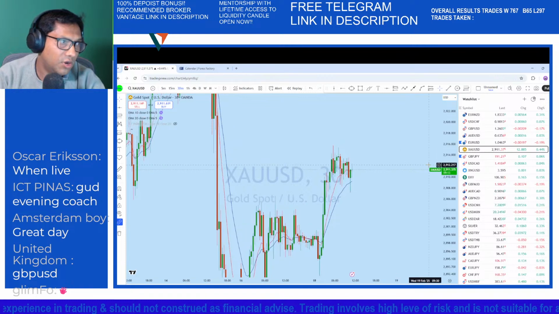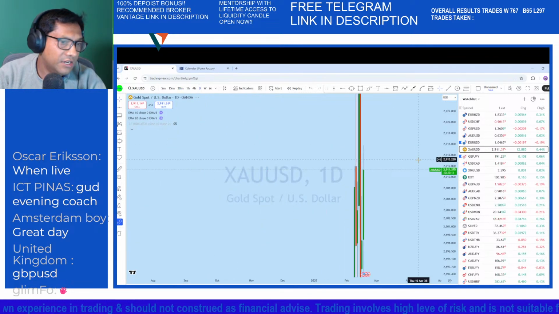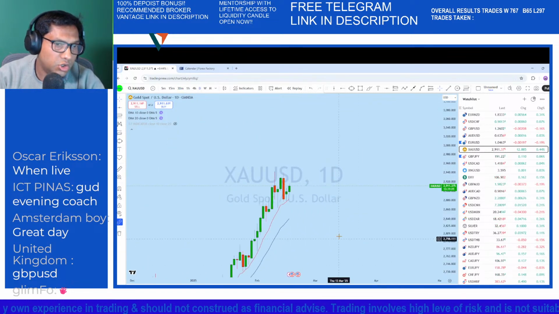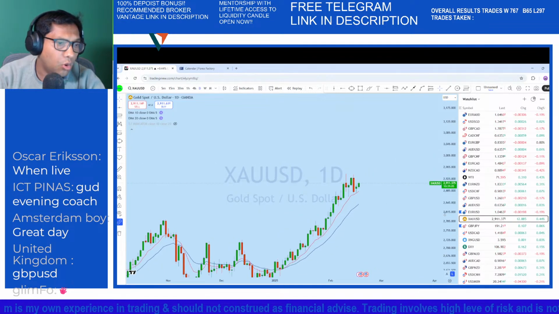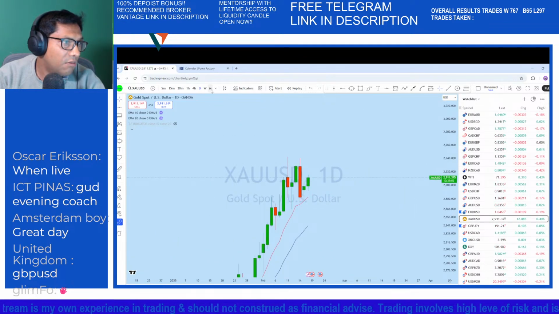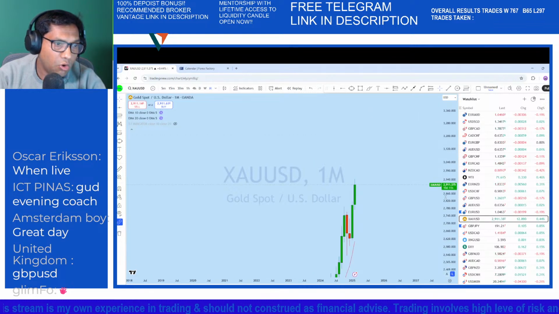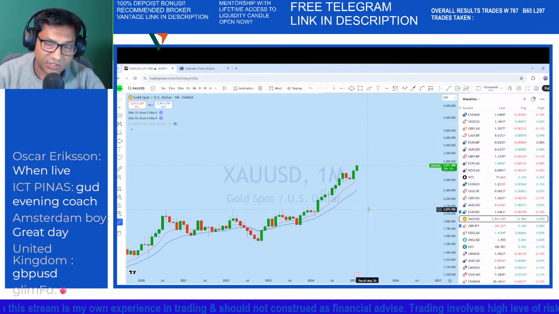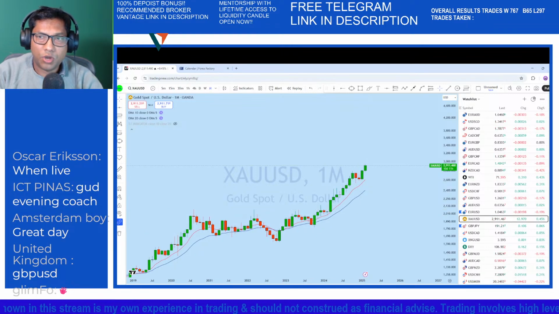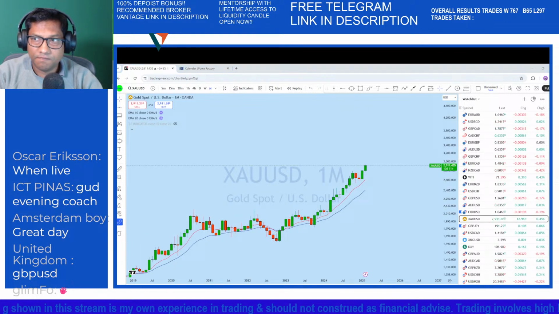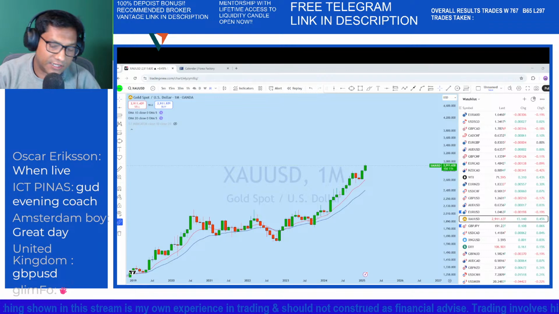So let's look first of all at gold, and also we will be looking for other instruments as well. Looking at gold, first of all the monthly chart to see the overall picture in this market. Why are we looking at the monthly? Let's understand it.